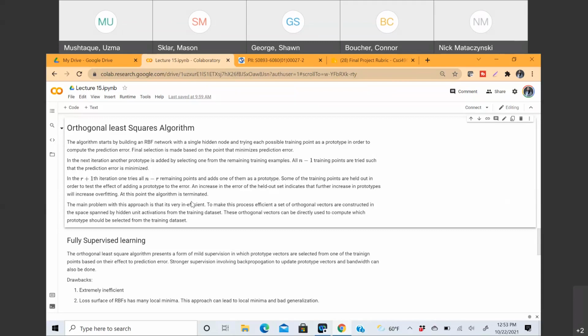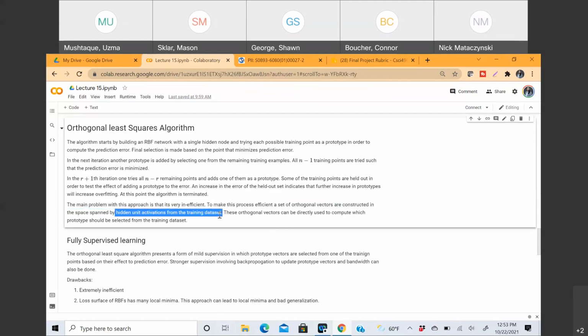And so what it does is it takes this algorithm that I just talked about, that takes one prototype and then tests the prediction error. But instead of just taking any training point, we want to make it a little bit more efficient. So we select a set of orthogonal vectors. Sometimes we even construct them in the space that's spanned by my hidden unit activations from the training data set.